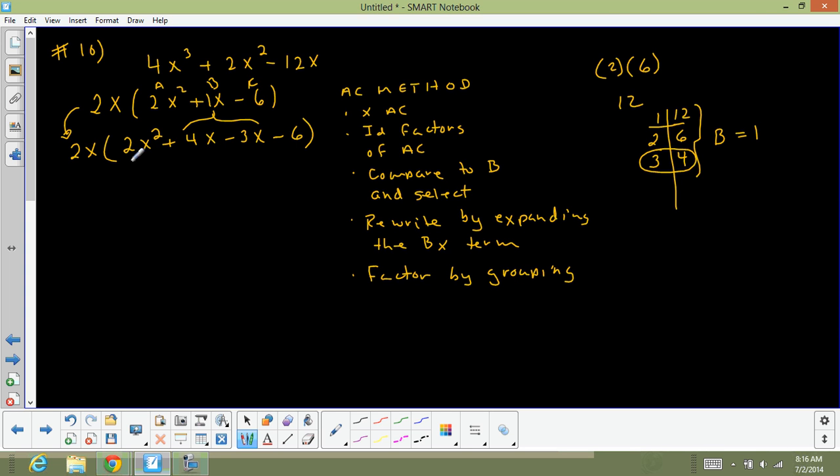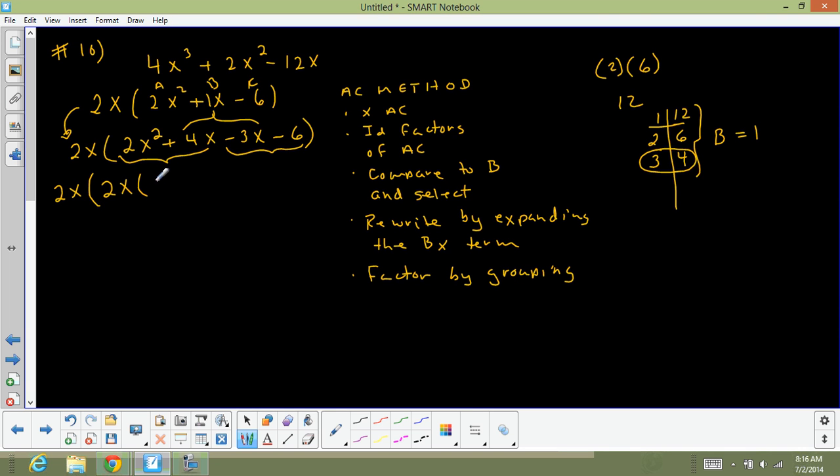Now, from there, we're going to do our factoring by grouping on the 2x squared plus 4x and the minus 3x minus 6. Again, continuing with this factor of 2x. We don't want to lose that. And so as you look at this first pair, they of course share a multiple of 2x.